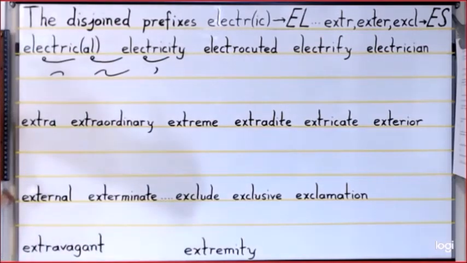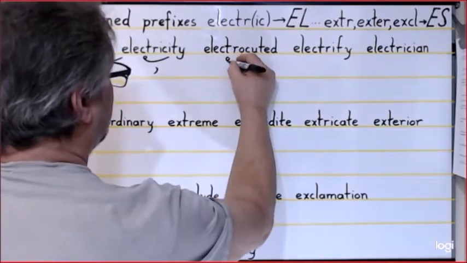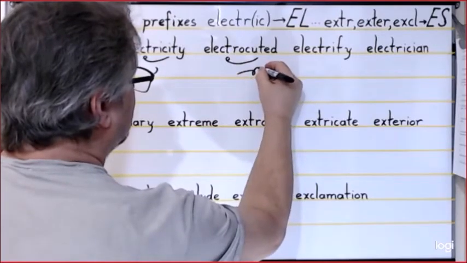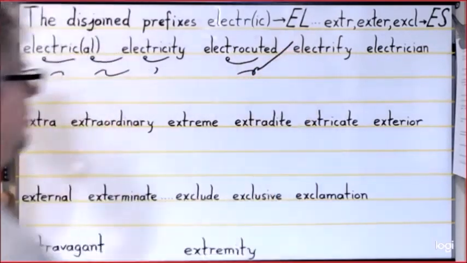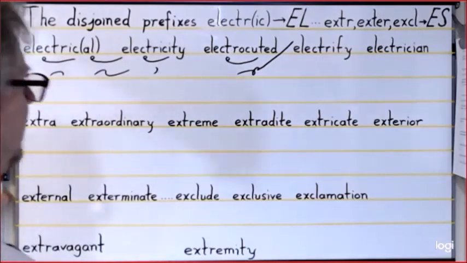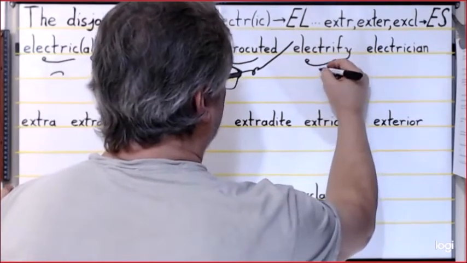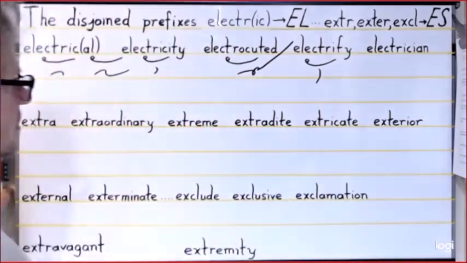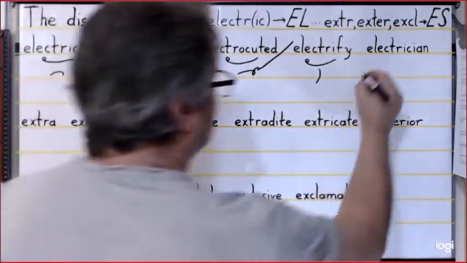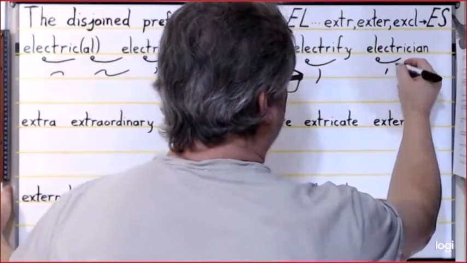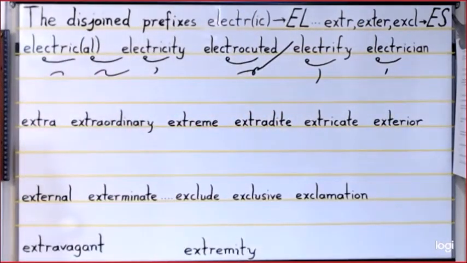For electrocuted, it is EL, and then a K, an E, a U, and a TED stroke. For electrify, we'll write E, L, and an F. For electrician, we'll write the E, L, and an SH for the shun underneath.